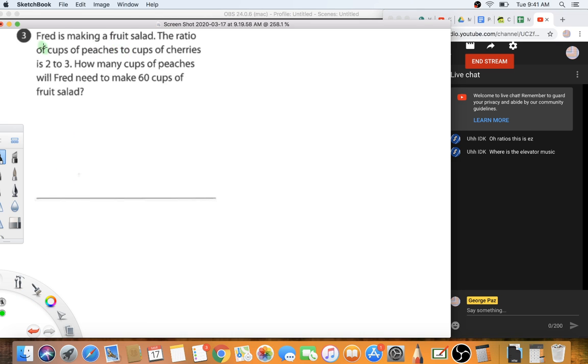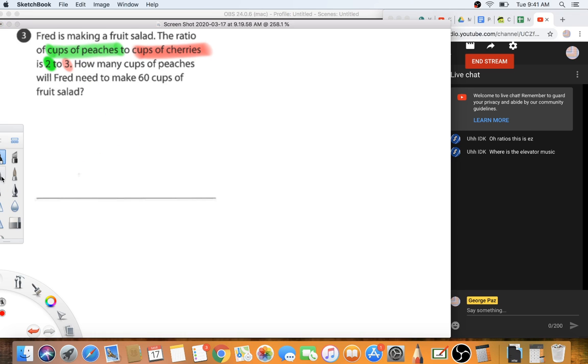The ratio of cups of peaches to cups of cherries is 2 to 3. We gotta zoom in on this. Let's use the highlighter. Cups of peaches is the first thing being said, so 2 is going to be the cups of peaches. That word "to" separates the ratio. See how it separates it over here? Cups of cherries. So we have 3 cups of cherries.